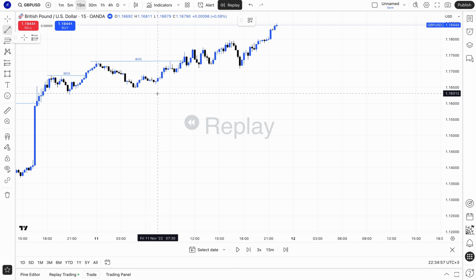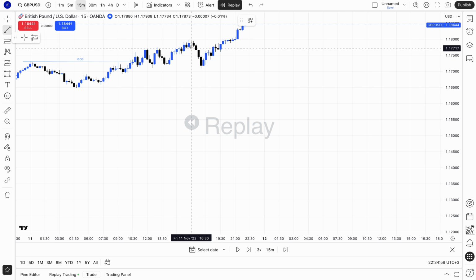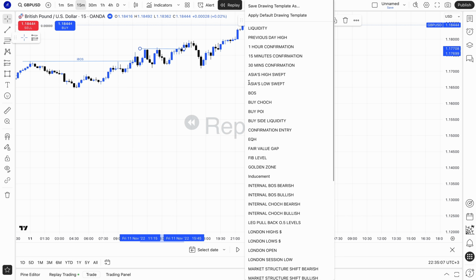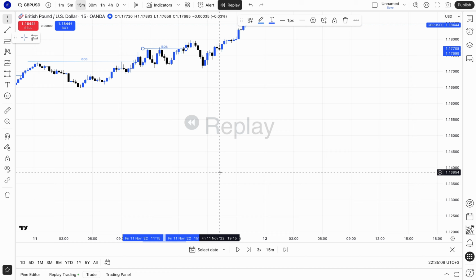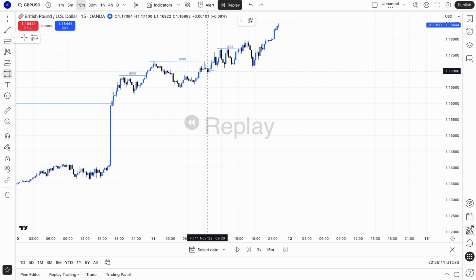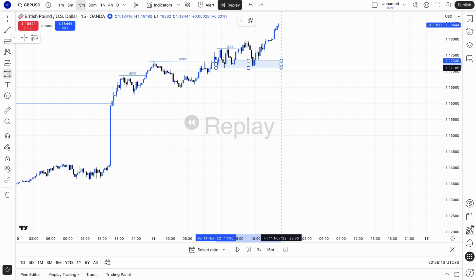Then we had our 3 candle pullback here. Had this break to the upside. That means we had our demand zone just here. And also we had that trade.